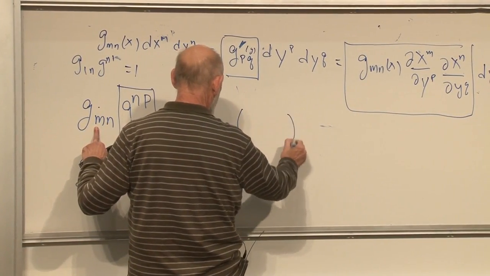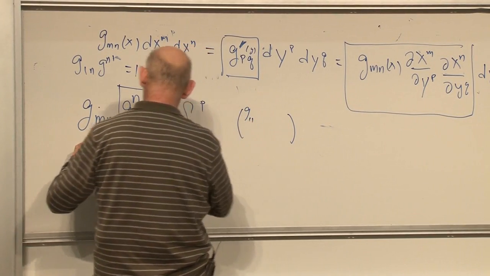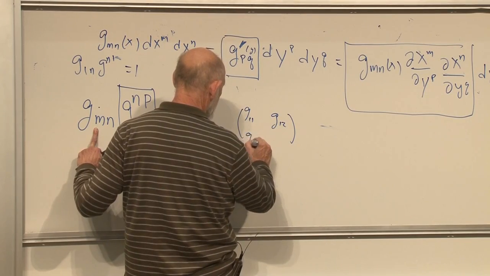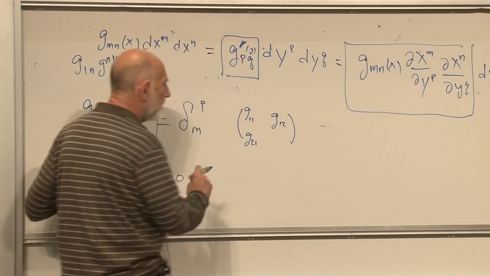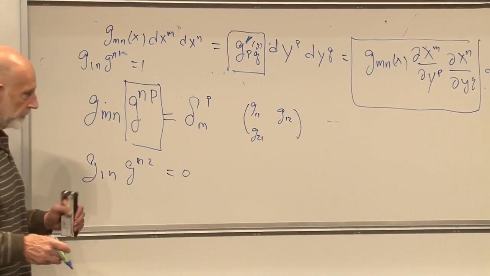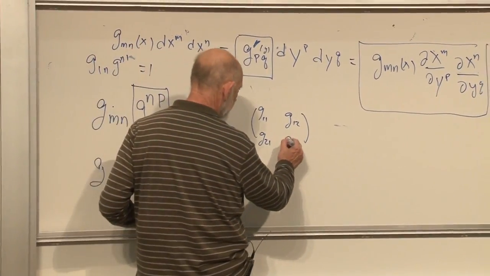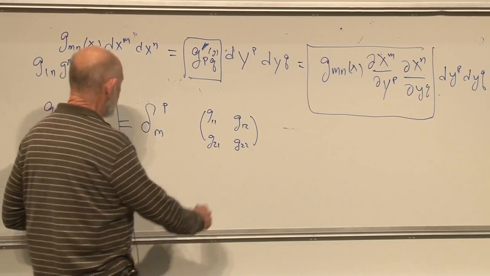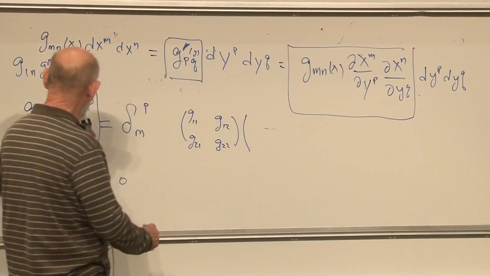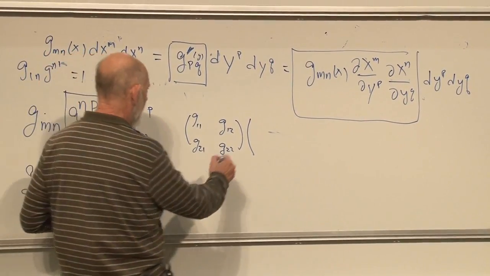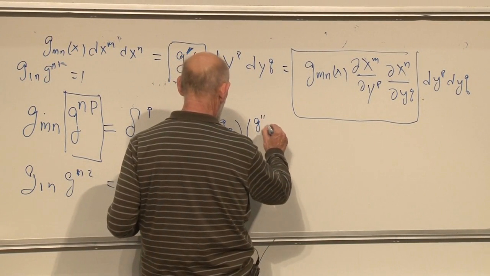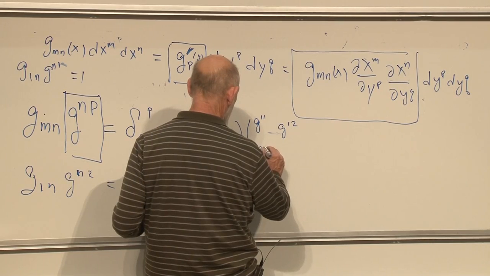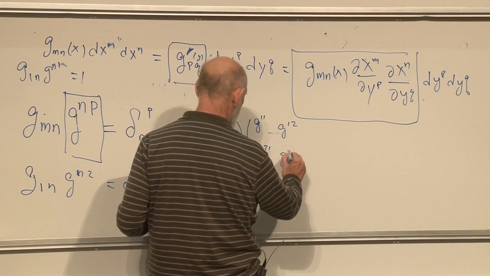We start with a matrix which is G11 with lower indices, G12, I'll call it G21, but G21 is the same as G12, and G22. That's this matrix. Now we multiply it by another matrix whose indices are upstairs, and this is G11, G12, G21, G22.